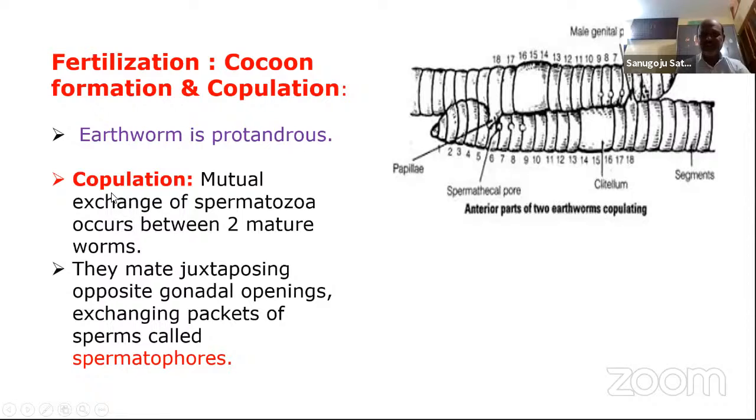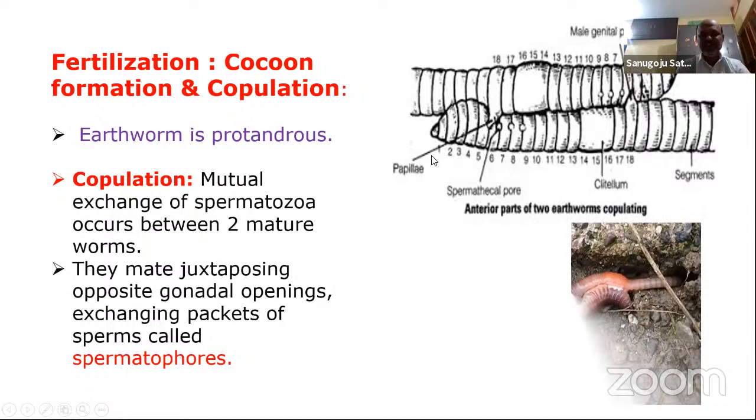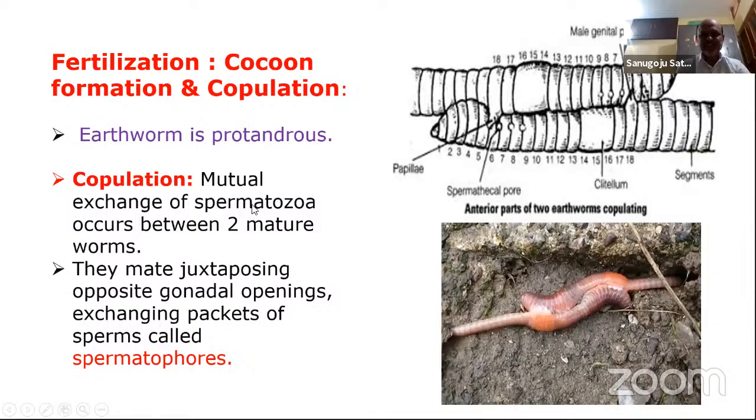And what is meant by copulation? Copulation is mutual mating with each other. That means mutual exchange of spermatozoa occurs between two mature worms. Only two mature worms can participate, and they exchange the spermatozoa. That is the mating or copulation seen here.